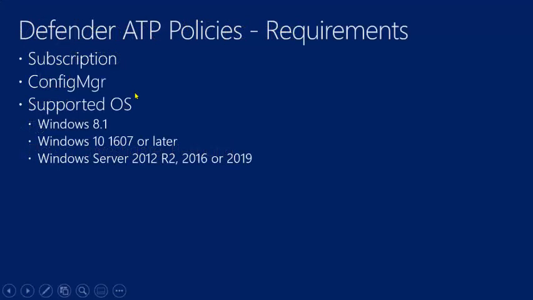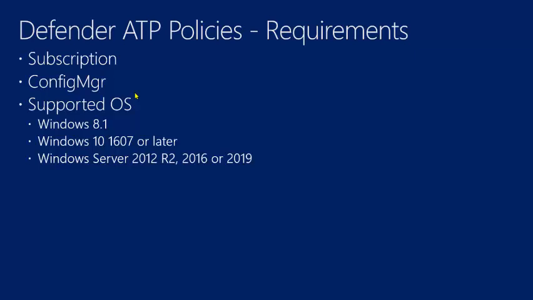Okay, requirements. You do need a subscription to Defender Advanced Threat Protection online service. So that is access through a specific URL. You'll see me use that in a minute, securitycenter.windows.com. So sidebar discussion. Usually as Microsoft folks, we have access to most of our services to do any kind of demos and such that we want.